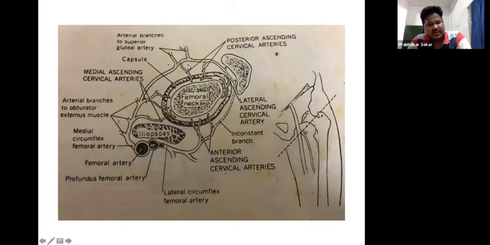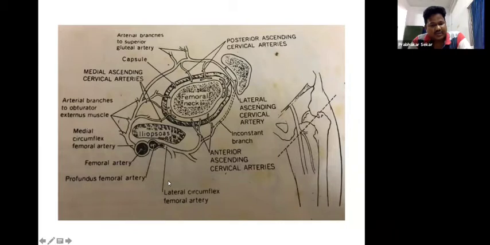Then comes the arterial branches to the superior gluteal artery, then winds round, and lastly it ends as a lateral ascending cervical artery. So this is the larger contributor, that is larger volume of blood supply to the femoral head, from the lateral ascending cervical artery.